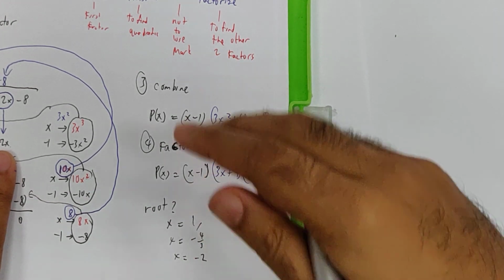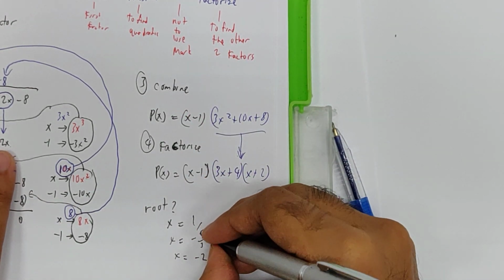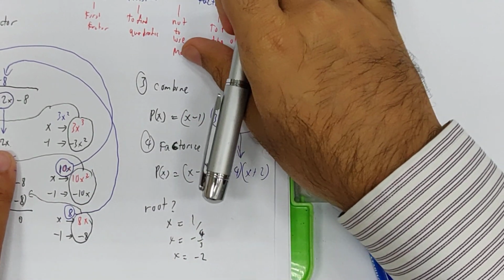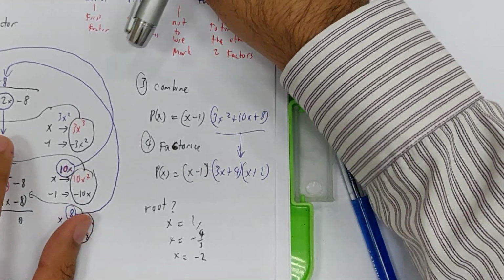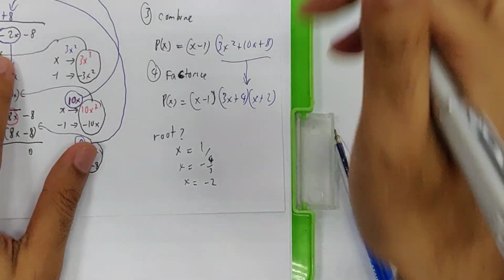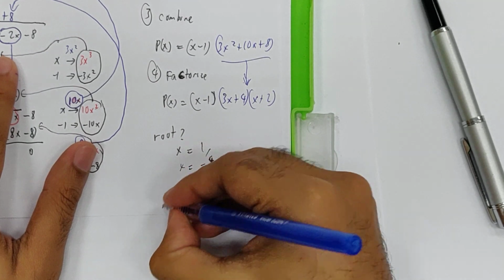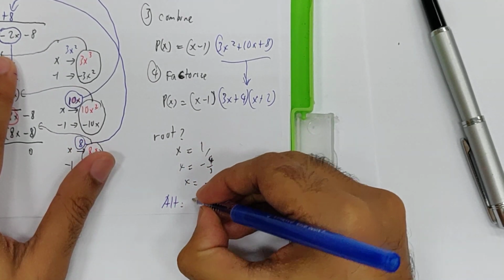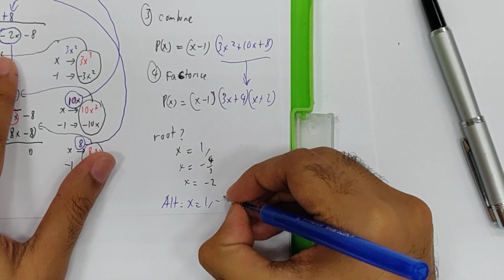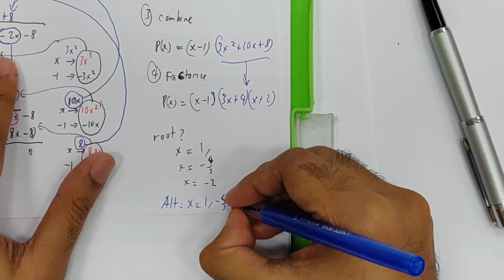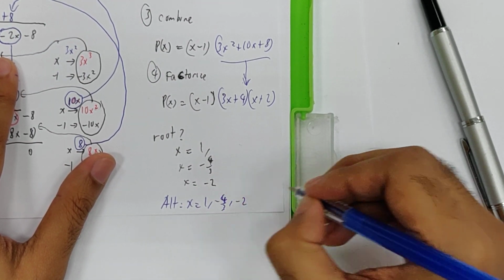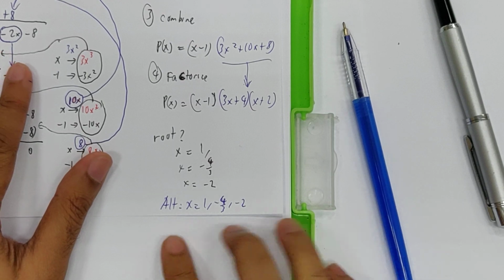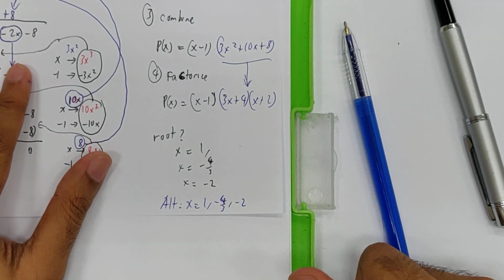Okay, some people like to write it down like this. Me personally, alternatively, I will just write down something like this. X equals to 1, negative 4 over 3, or negative 2. But I have to agree, some lecturers are not into this answer so much.